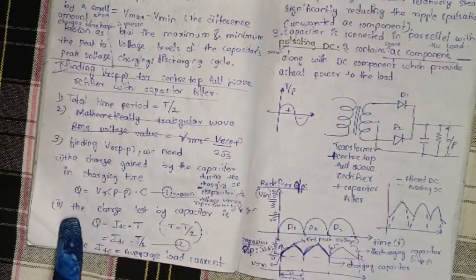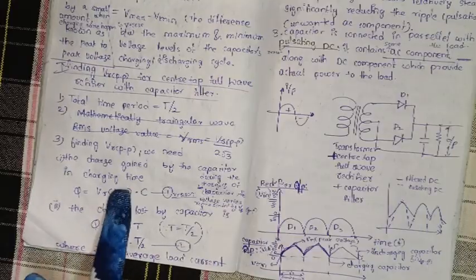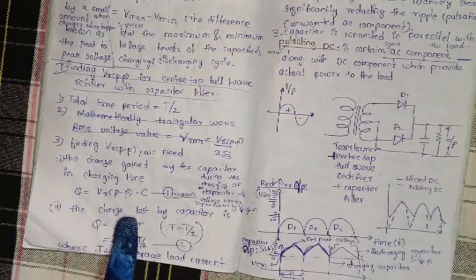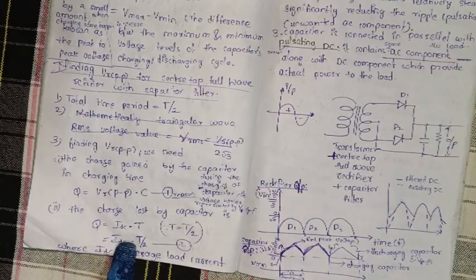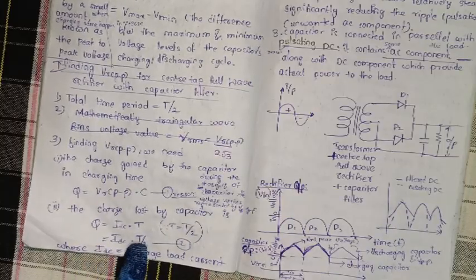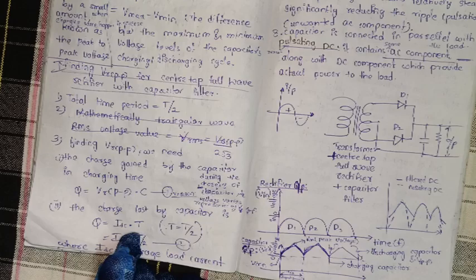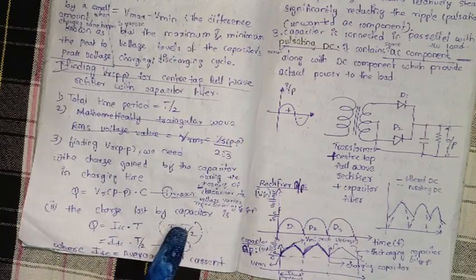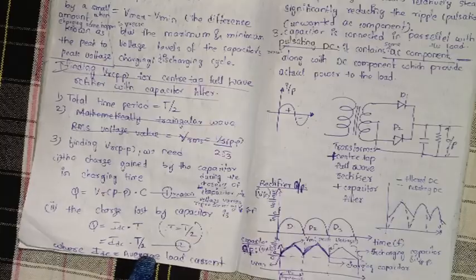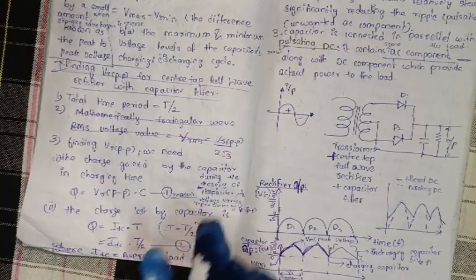Then, this is considered as equation 1, and we are finding the charge lost by the capacitor, Q equals IDC times T. From where does this equation come? Here T is T by 2 and IDC is the average load current.